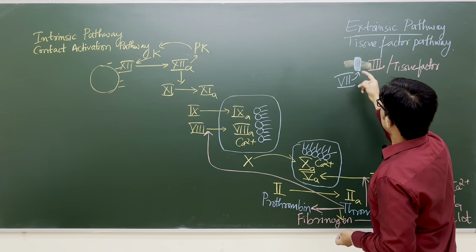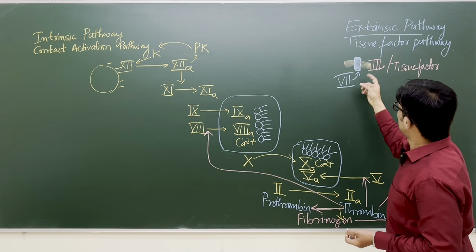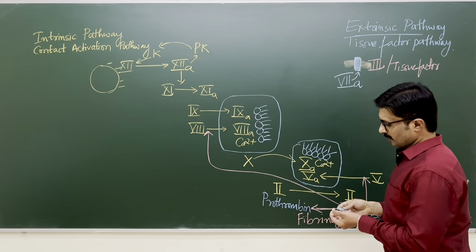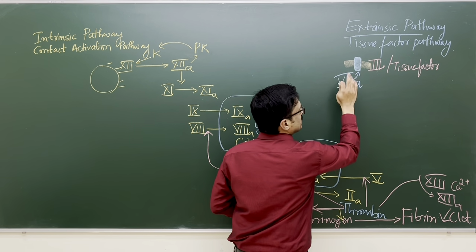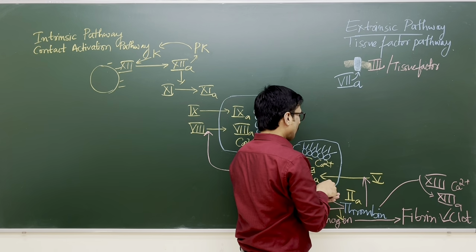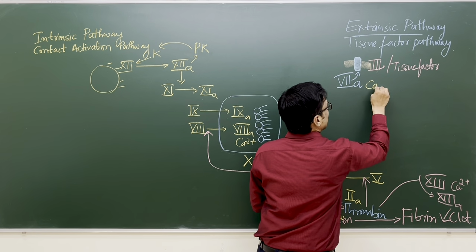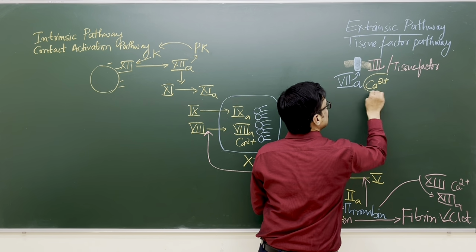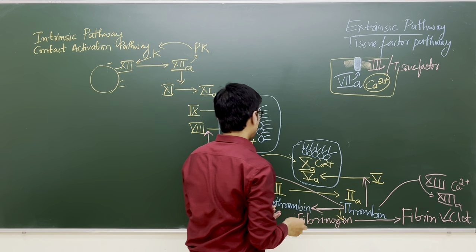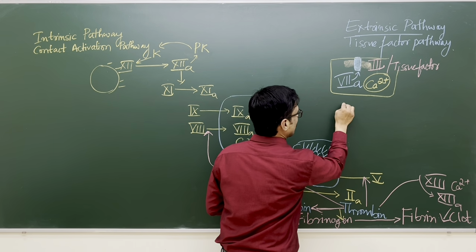So factor 7 coming in contact with tissue factor, this gets activated. Now this factor 7 is bound to tissue factor. Factor 7, tissue factor along with calcium, this forms a complex. All this together can activate factor 10.